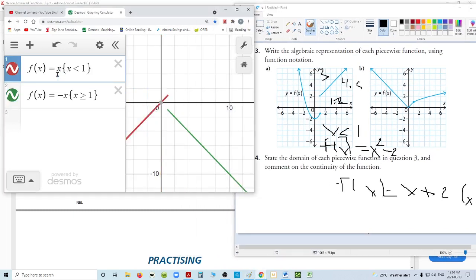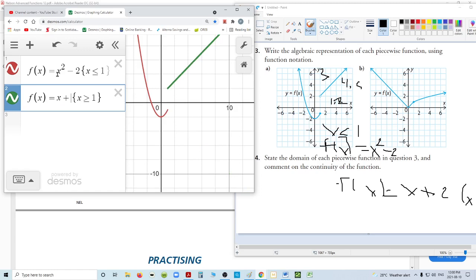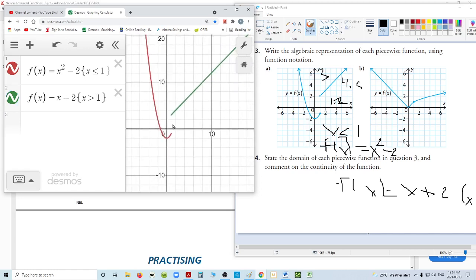So we're talking about a normal parabola x squared that's been lowered by 2 when x is smaller or equal to 1. And then we're talking about a normal line that's been raised by 2 when x is not bigger or equal but bigger. So there we have the graphic representation.